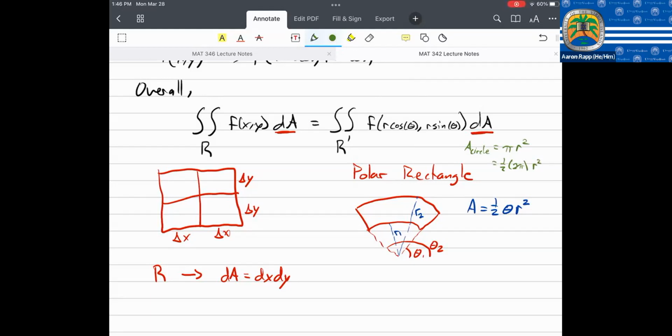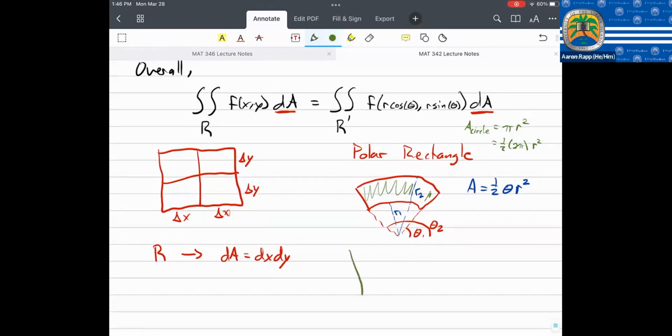So then to get this region in between those two, all those red lines, I have to think of it as areas of sectors of a circle, one circle coming from the inner, and one circle coming from the outer. So if I take this larger sector and then subtract that smaller piece, I'm going to get the area of the region that I'm looking for.